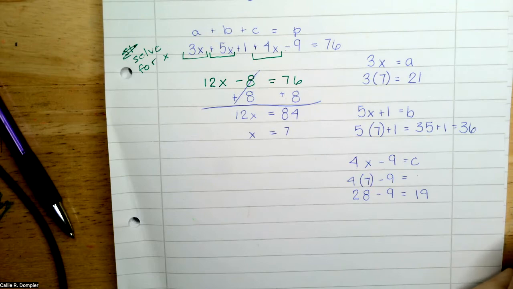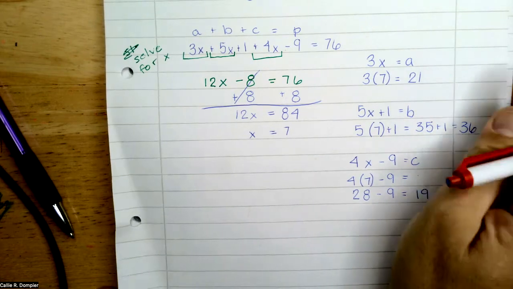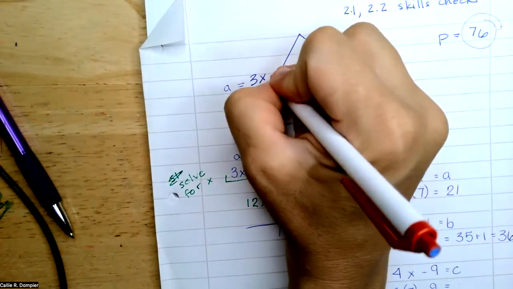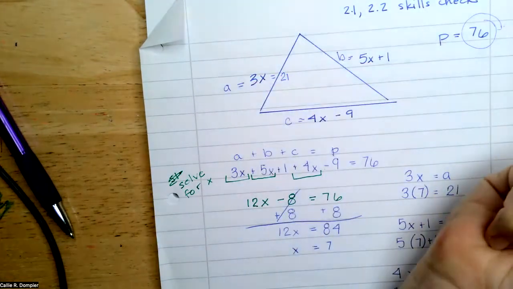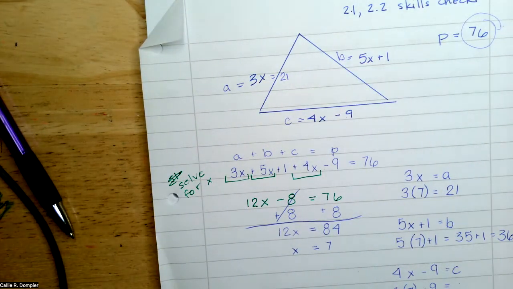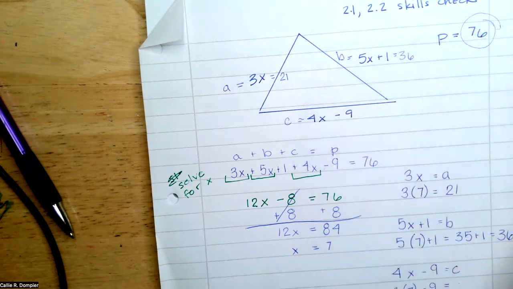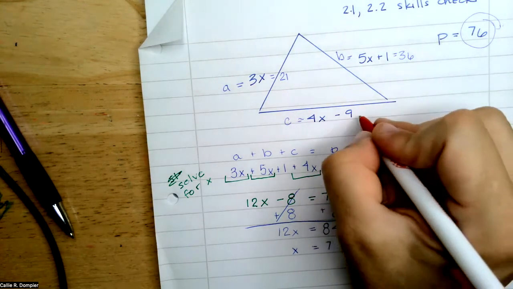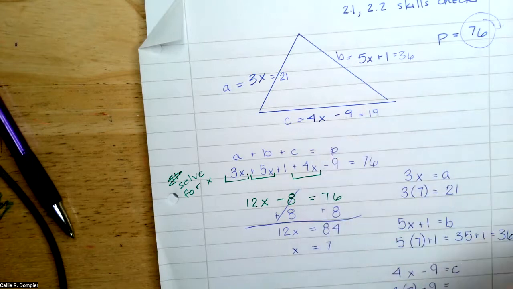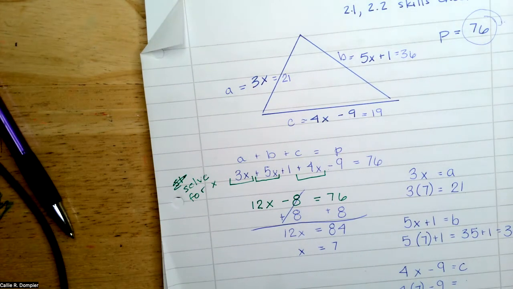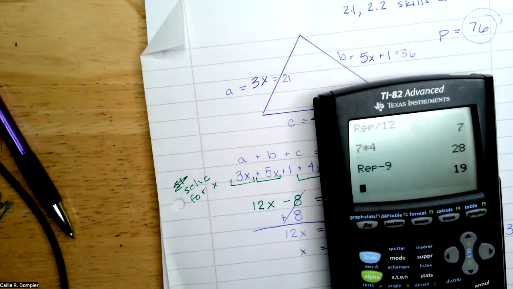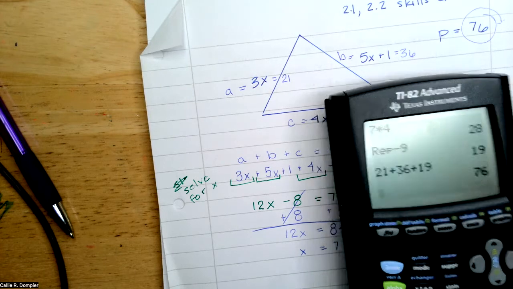All right. So I have my three sides. Side A now is 21. Side B, we decided was 36. And side C, we decided was 19. If I add those together, do I get 76? 21 plus 36 plus 19 is 76.